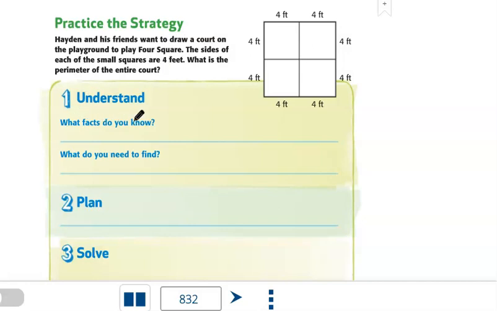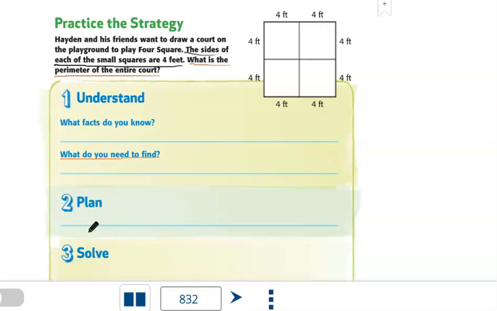So first, what facts do we know? I can go back, and if you have your highlighter, instead of writing it here, you can just highlight it here. And then it also asks, what do you need to find? And the question is always, what do I need to find? So I'm just going to switch this around from a question to a statement. I need to find.